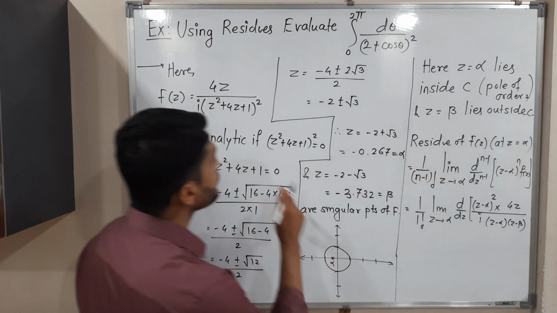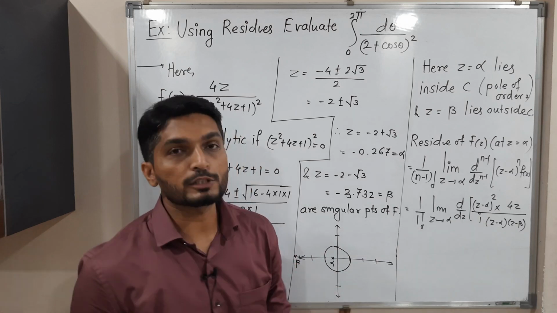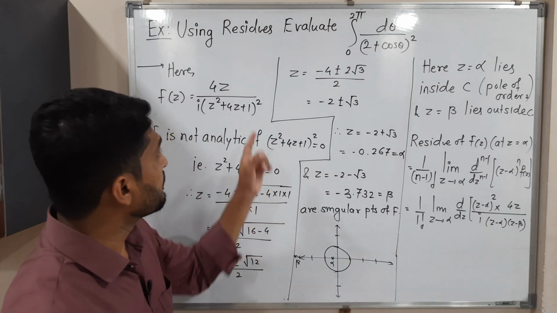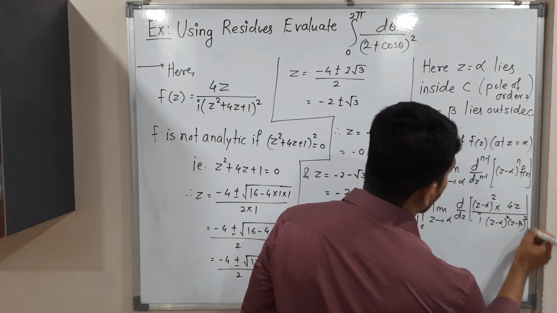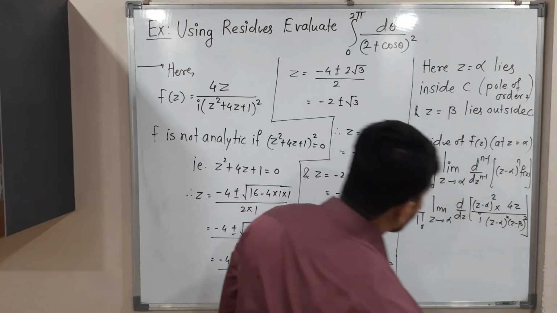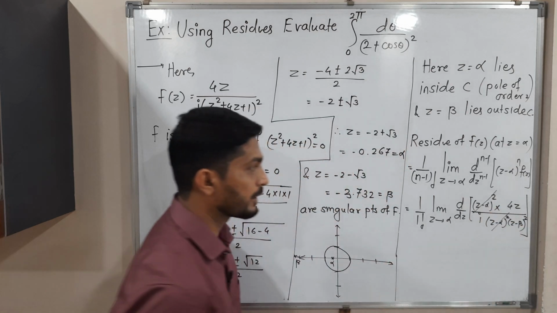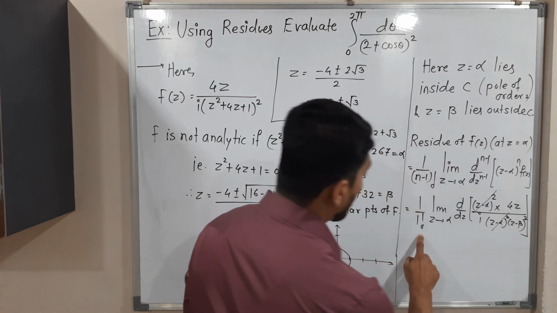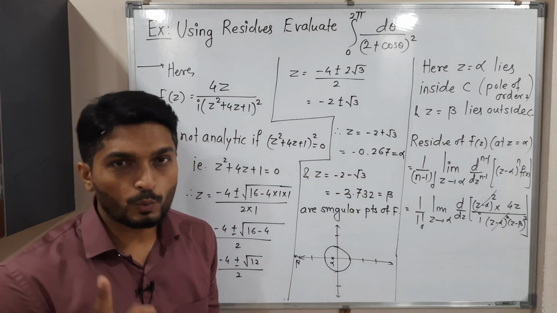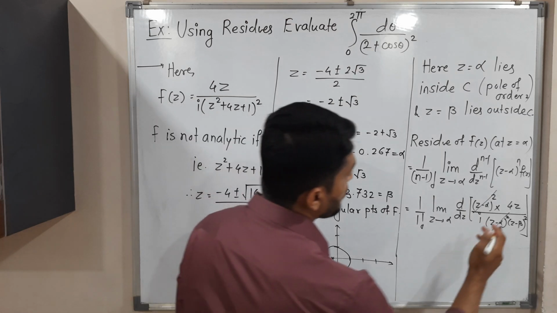Since we got its roots alpha and beta, this polynomial can be expressed as z minus alpha, z minus beta. But see, it has power 2, so I should write power 2 to both brackets. Tell me what can we cancel here? z minus alpha square will get cancelled. Okay, 1 factorial, which is 1. So 1 upon 1, no need to write anything. Simply I will take the constants outside.